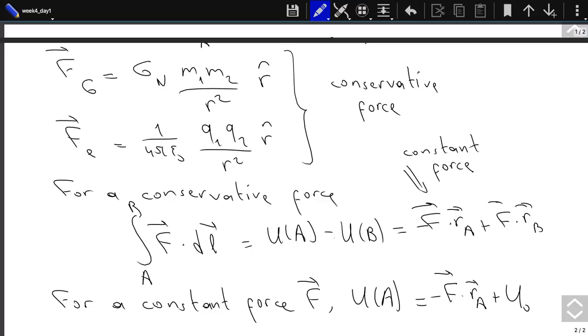So UA is this one, UB is minus this one. In fact, for an arbitrary point, let me just remove this A. U at the point R is in fact this one. There was one question on the back. Okay, not anymore.